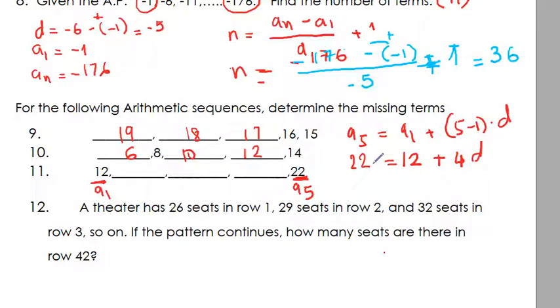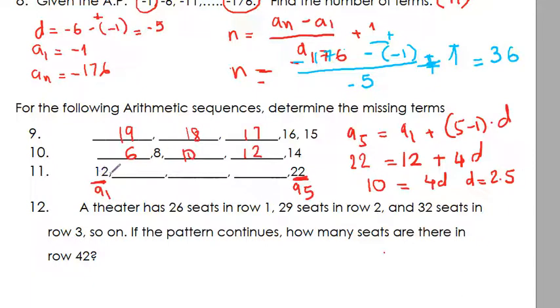Alright, so here 22 minus 12 is 10, right? Equals 4D. Okay, what's D? 2.5, right? So D here is 2.5.